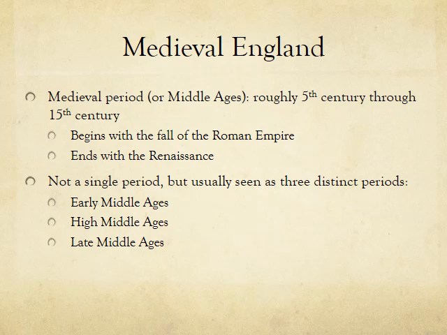So the beginning of the Middle Ages coincides with the fall of the Roman Empire in Europe, and the Middle Ages continues for about 1,000 years until the beginning of the Renaissance period. And so we'll talk really briefly about the three different phases of the Middle Ages: the early, the high, and the late Middle Ages.